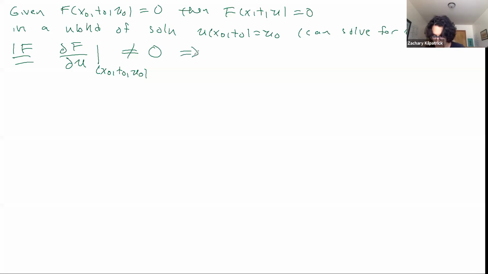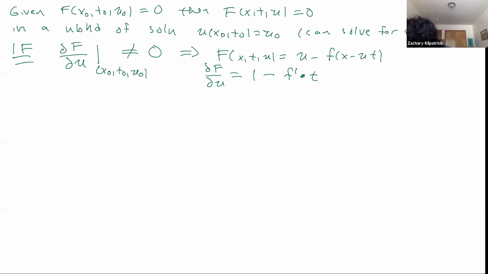In fact, this would imply that, in our case, F of x, t, and u, which we know to be equal to u minus f of x minus ut, if we differentiate this with respect to u, what we get is 1 minus f prime multiplied by negative t.